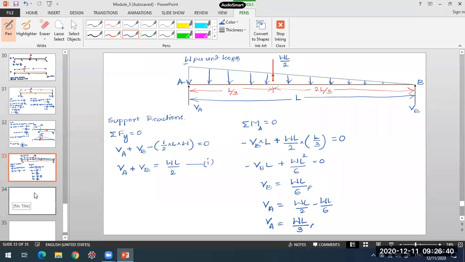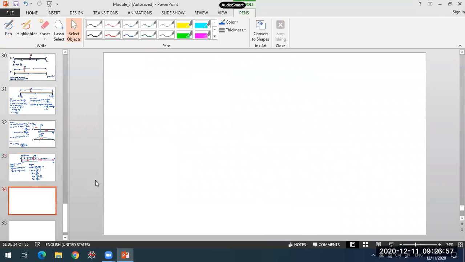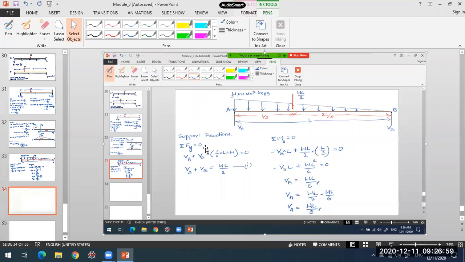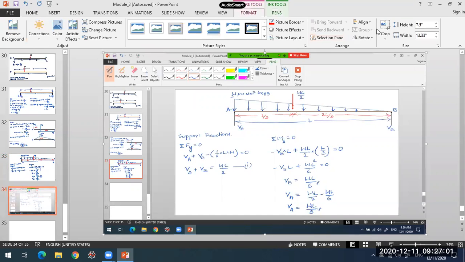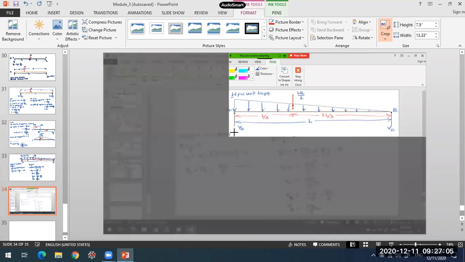Then we can go ahead with calculation of shear force and bending moment. You should have VA as WL by 3 and VB as WL by 6. If that is the case, then we can go further with the calculation of shear force and bending moment.